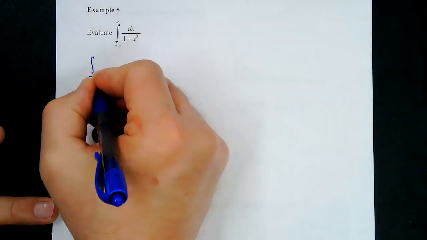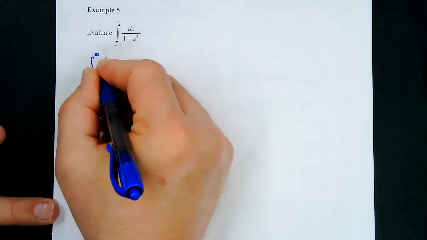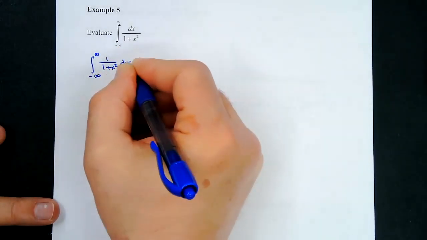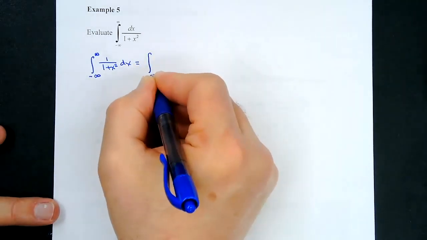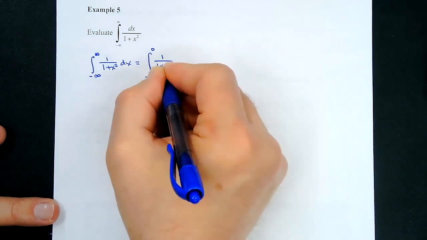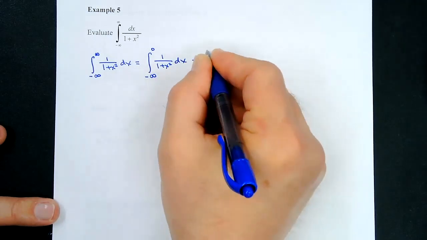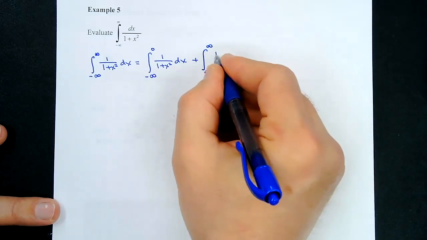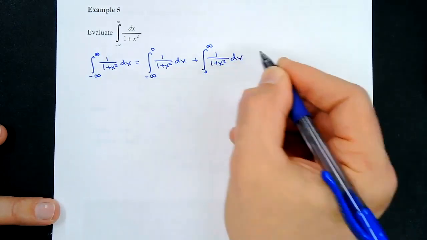So the integral from negative infinity to infinity of 1 over 1 plus x squared dx is equal to the integral from negative infinity to 0 of 1 over 1 plus x squared dx, and then plus the integral from 0 to infinity of 1 over 1 plus x squared dx.